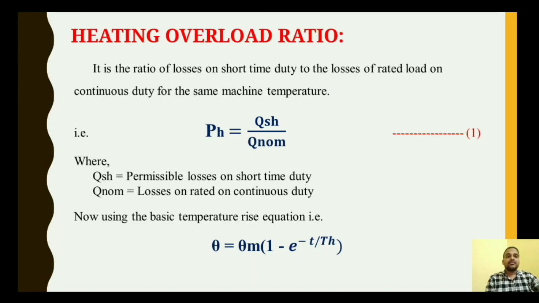Keep in mind the short time duty or the short time loss is a part of the continuous duty, meaning continuous duty is bigger as compared to the short time duty. You can take out the short time duty time from the continuous duty.